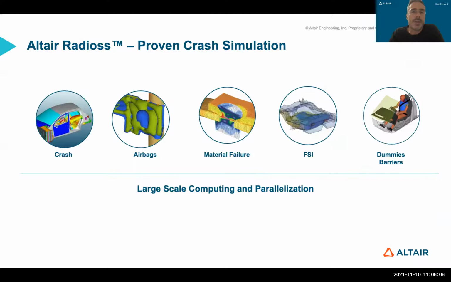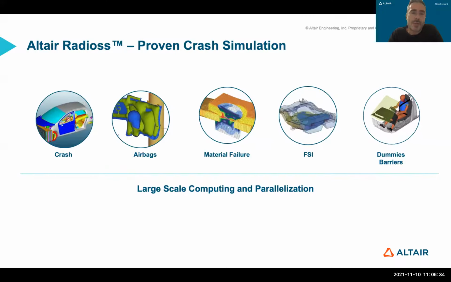So today I will talk about Radioss, which is our solution for crash simulation. Indeed, Radioss has been used in the industry for crashworthiness for more than 30 years. And now it is also used in other verticals like electronics and consumer goods. It is also used heavily in defense.